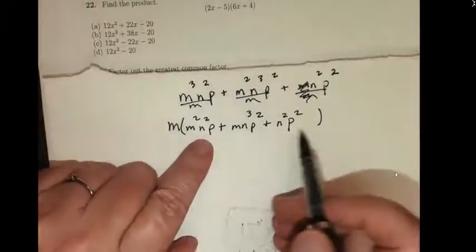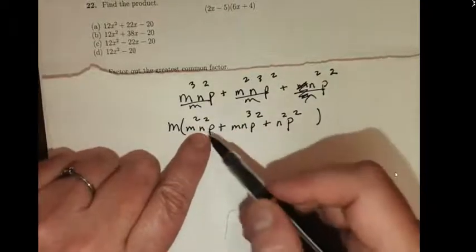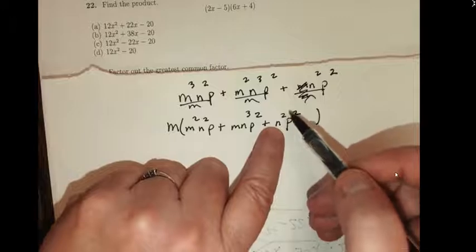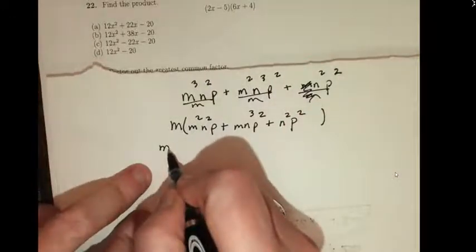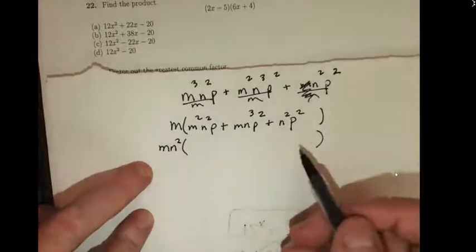From what's left inside here, we've already factored out the M's. What about the N's? This has two N's, this has three N's, this has two N's. So the most that they have in common is two N's. So I'm going to bring that out the front. And what are we left with in here?